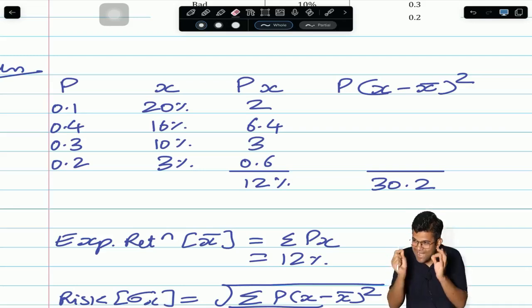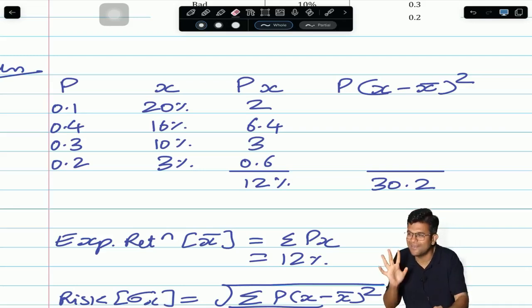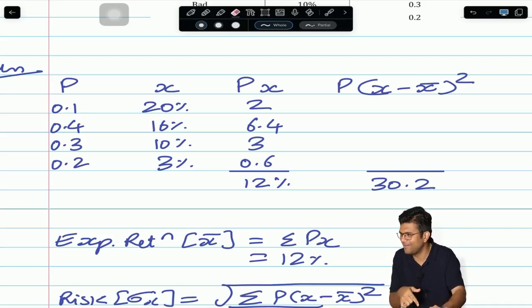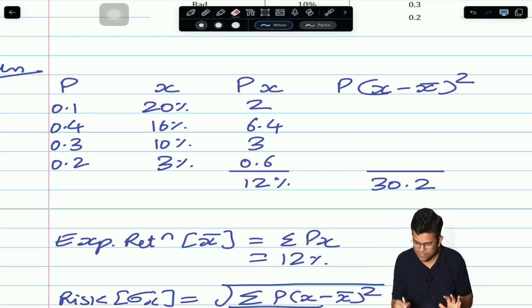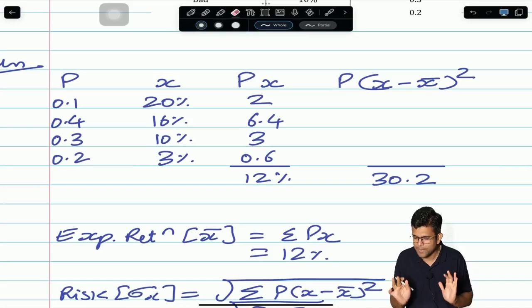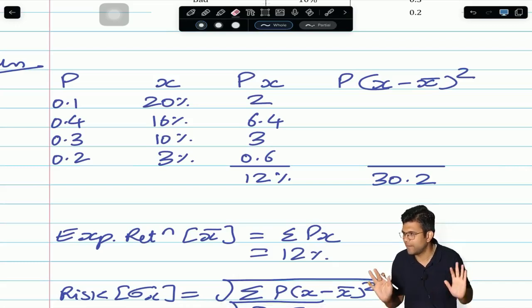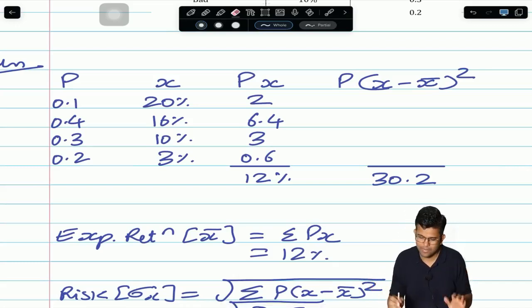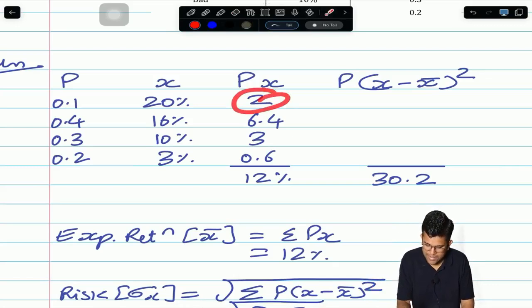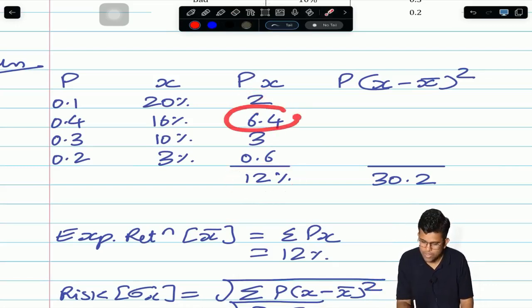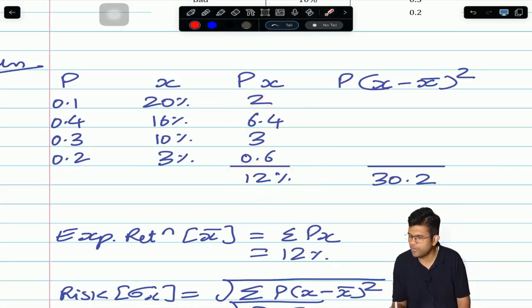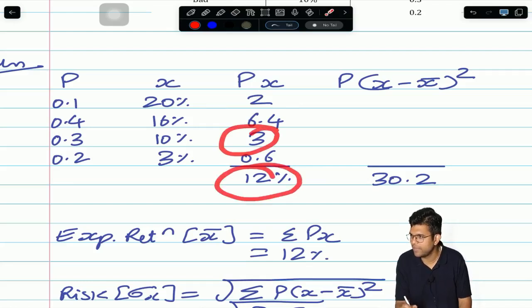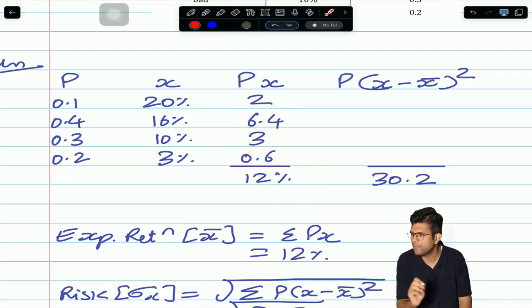It is that important for you to be alert. I'll tell you, you'll understand what I mean. Ready everyone? When you are doing x minus a, okay, you got x bar as 12, okay? Now you are doing x minus x bar. Okay, x minus x bar into equal to, everyone following? No? x minus x bar into equal to. And of course multiply by p also we will have to do.